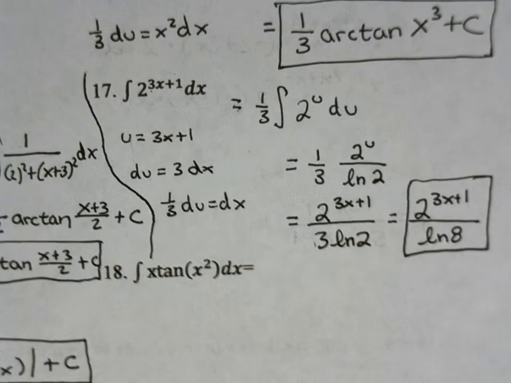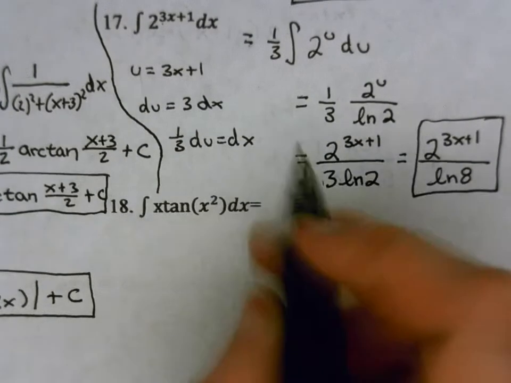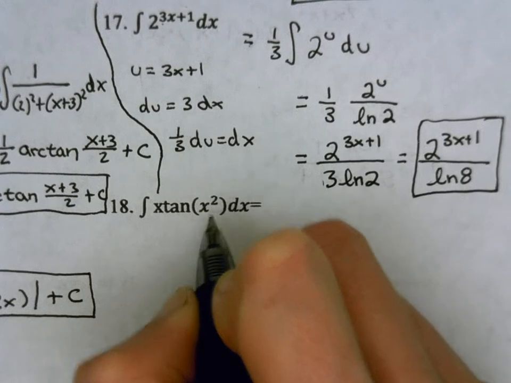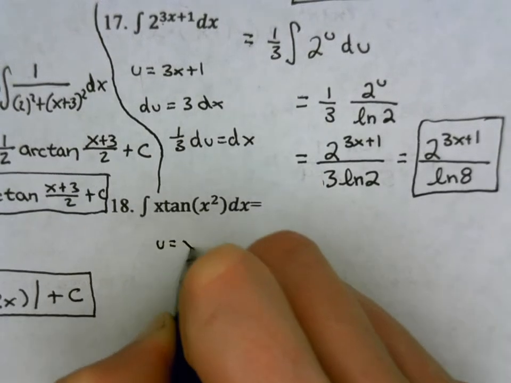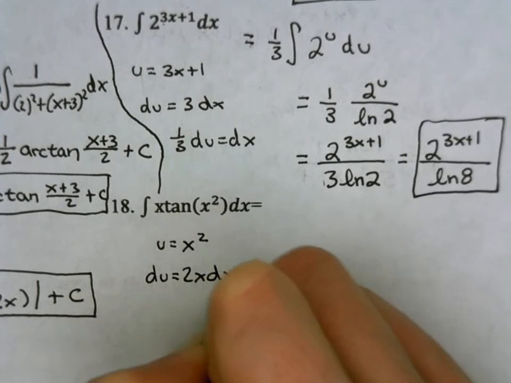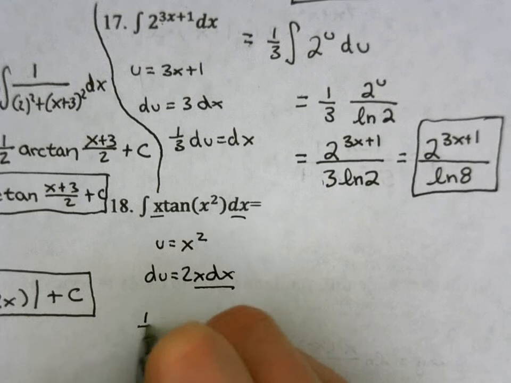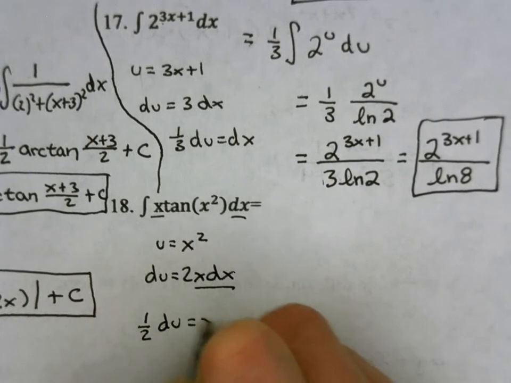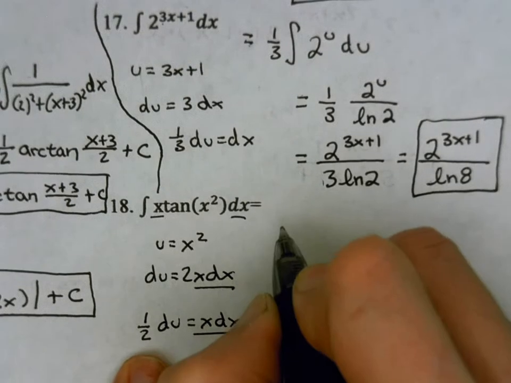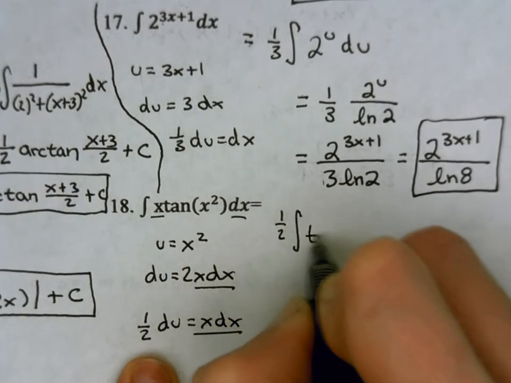And then last one of our integrals here, we have integral of x tan x squared dx. This is a u du substitution because there's something in there with that x. So my u is x squared, my du is 2x dx, and there's the x dx. So let's go ahead and divide that 2 over. Then we can do our u du substitution, scalar integral tangent u du.